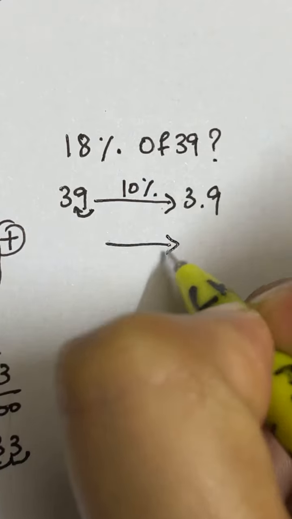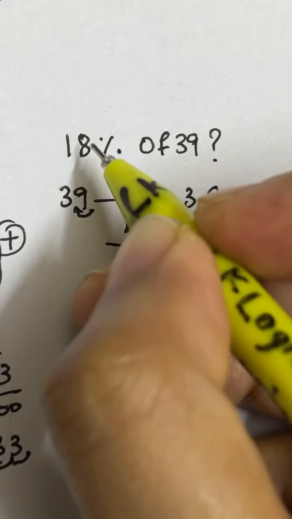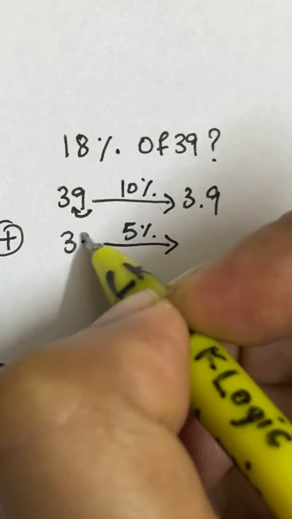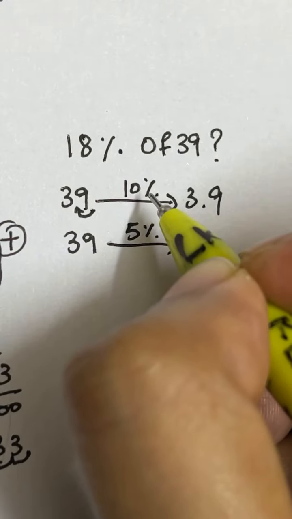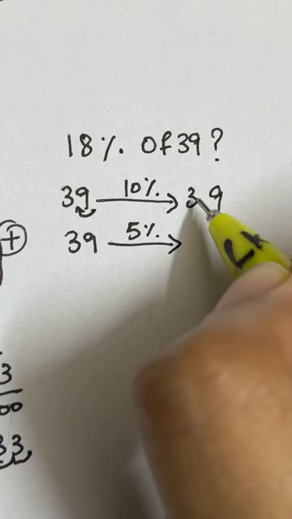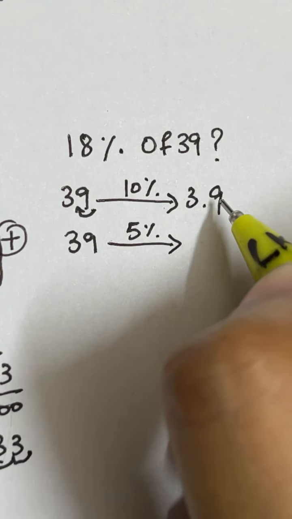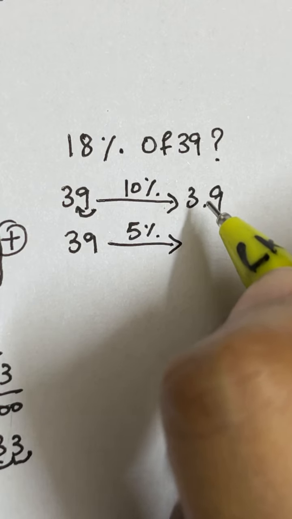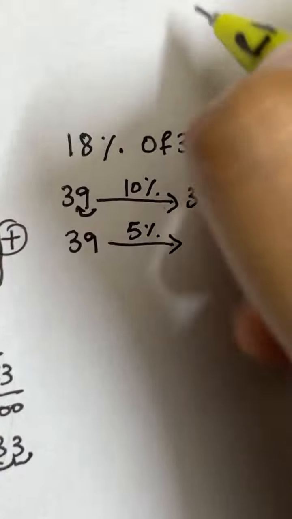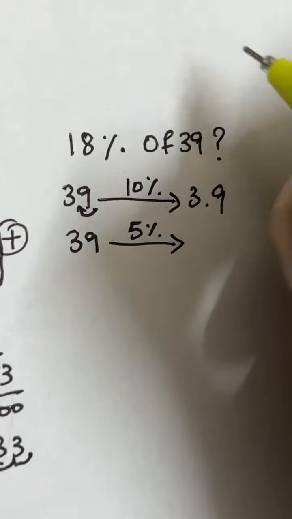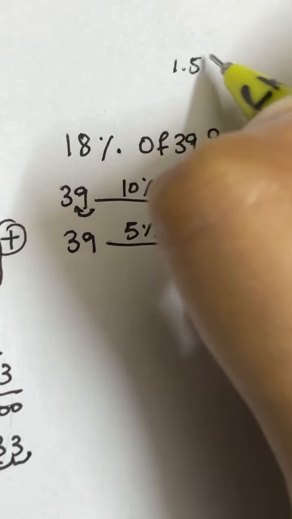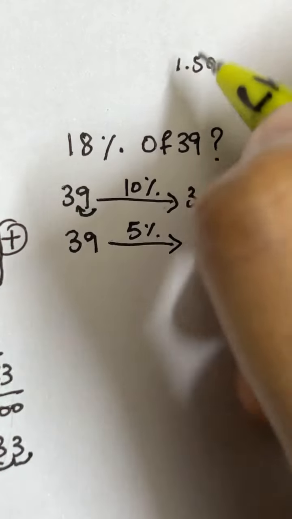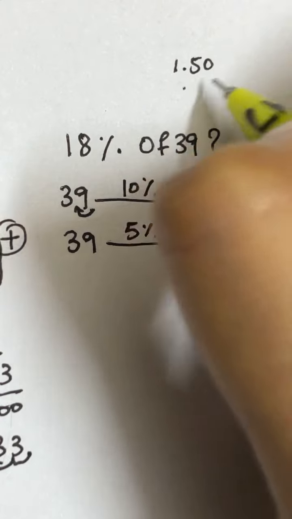So let's find out next 5%, because we need to reach 18%. So 5% of 39 would just be half of 10%. Half of 10% is, now if you have 3.90, half of 3 will be 1.50, and half of 0.9 is 0.45.